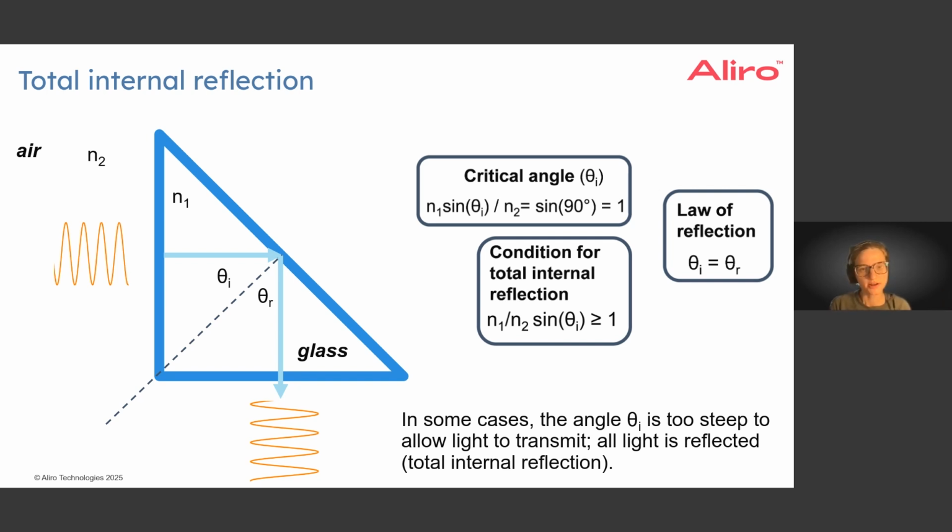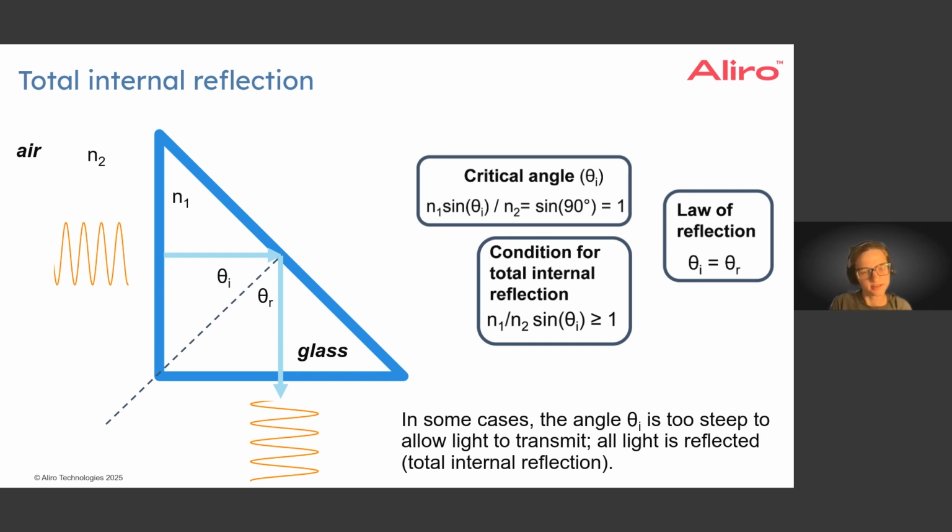If we picture theta T, the angle of transmittance, we can think about the case where theta T was so large that it was 90 degrees. In this case, we would picture the transmitted wave somehow propagating basically perpendicular to this surface boundary.